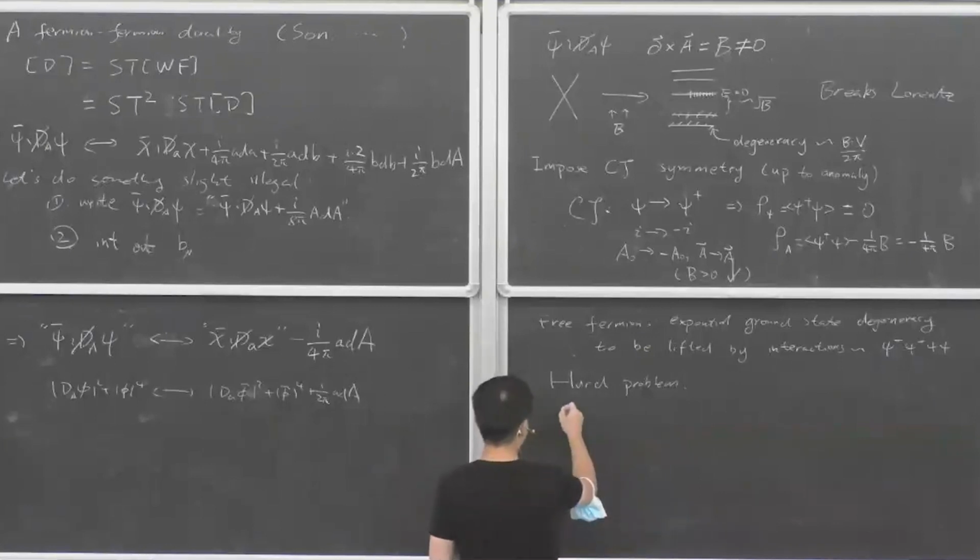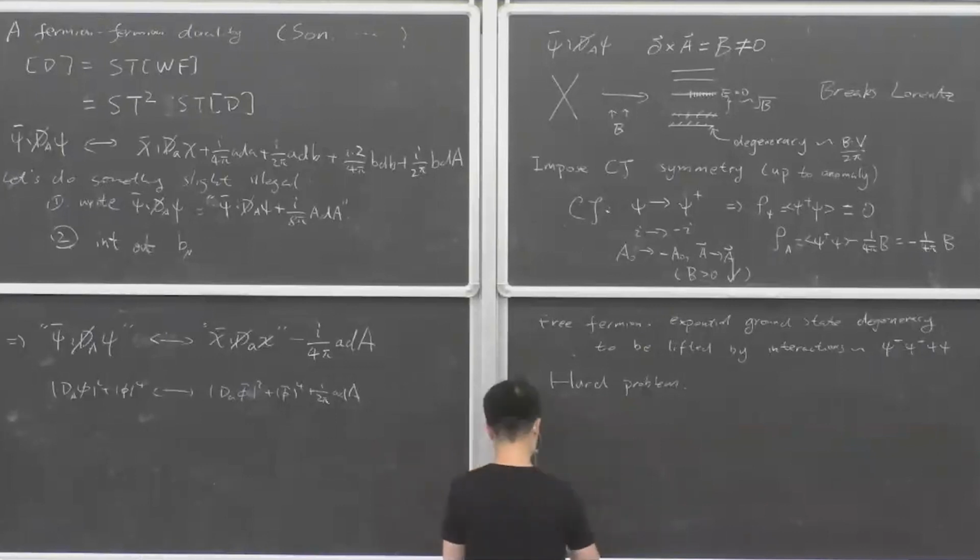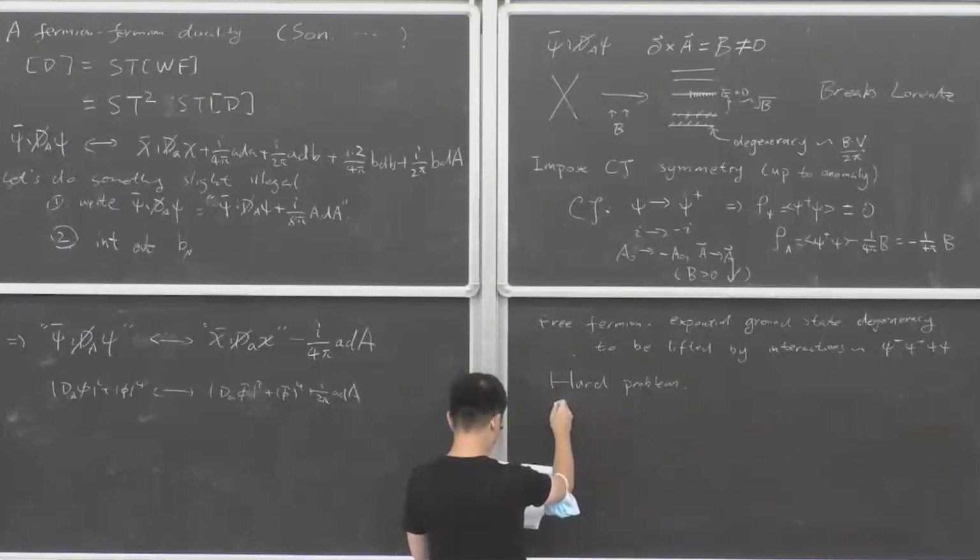And in fact, this is exactly the kind of problem that people working on the fractional quantum Hall effect face on a daily basis. And in fact, this is the fractional quantum Hall effect problem.